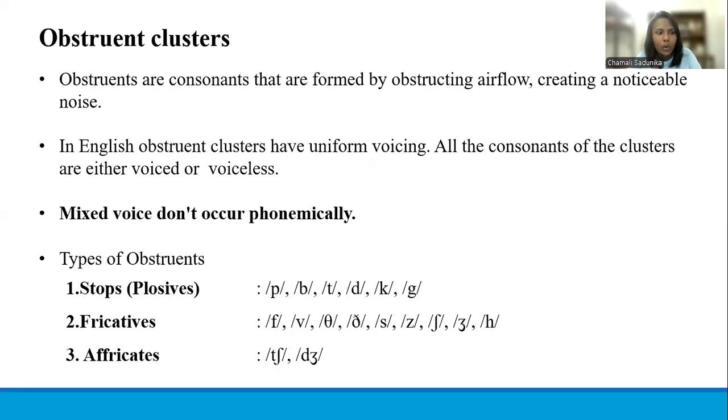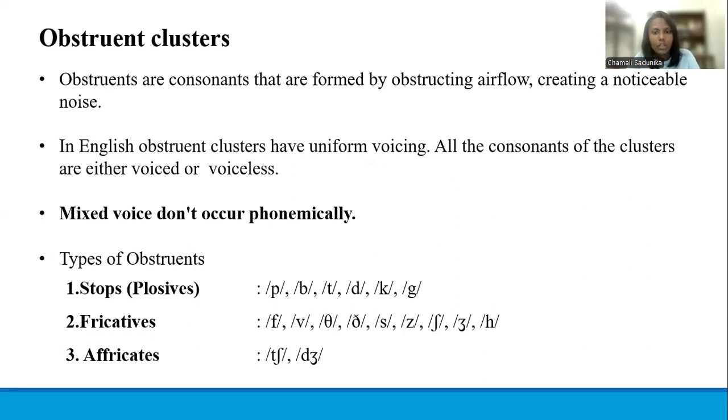Obstruents are consonants that are formed by obstructing airflow, creating a noticeable noise. This includes stops or plosives, fricatives, and affricates. An obstruent cluster refers to a group of two or more obstruent consonants that occur together in a word without any intervening vowels.